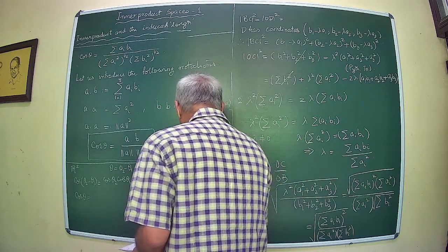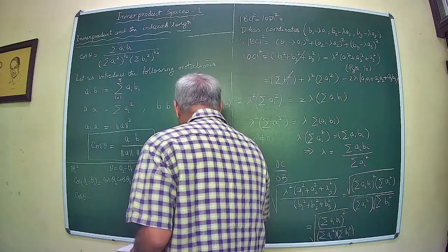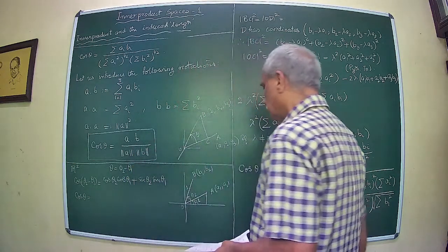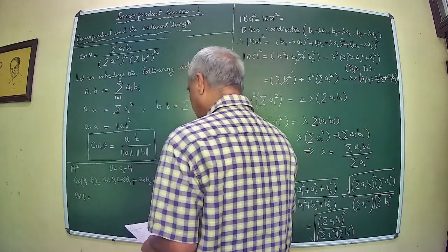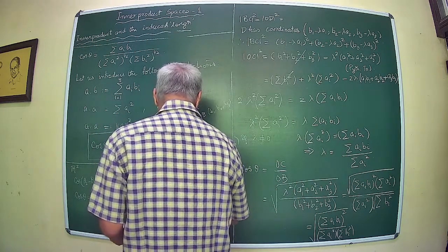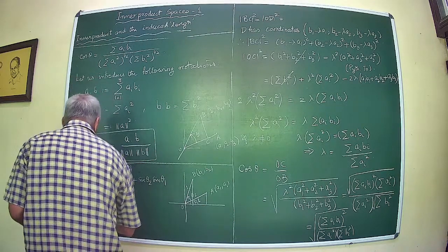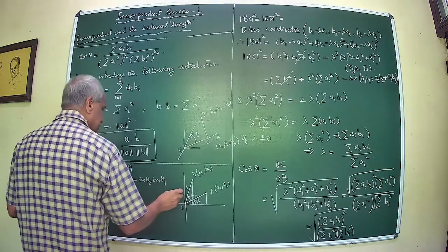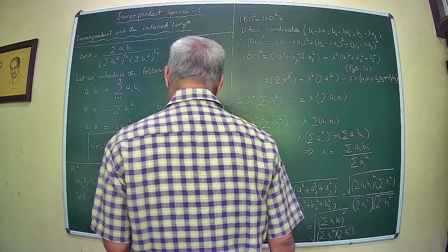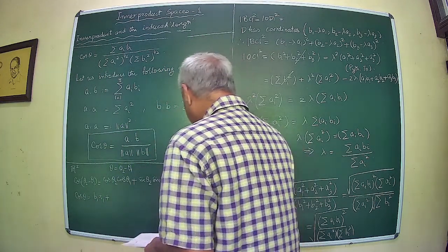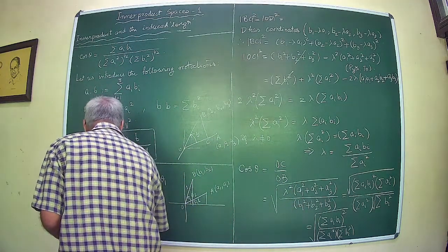Cos theta 2 is, suppose this is A1, cos theta 2 is B1, so this is B1, this is cos theta 1 is A1 plus sin theta 1 is essentially this one, so that is equal to B2, A2.